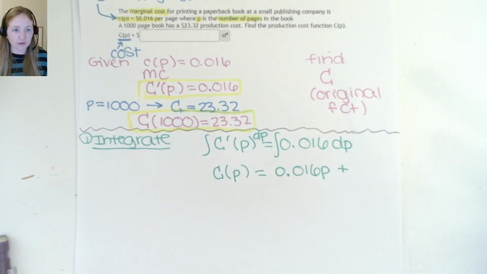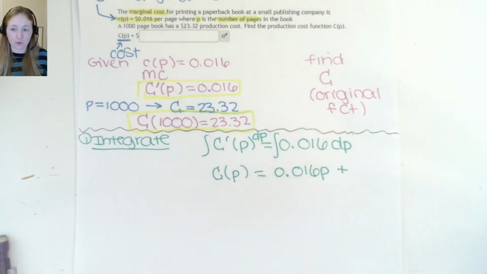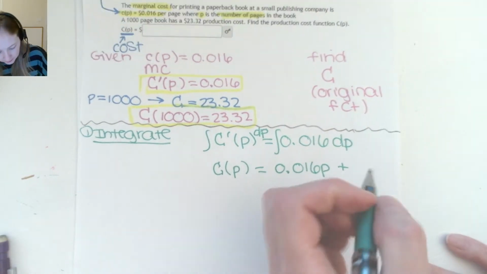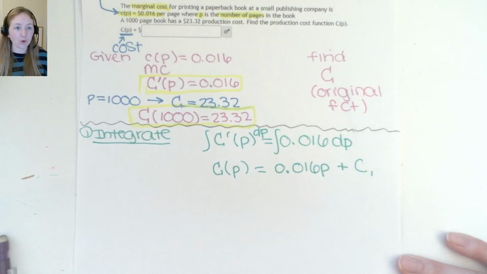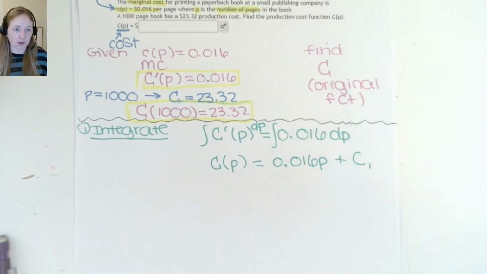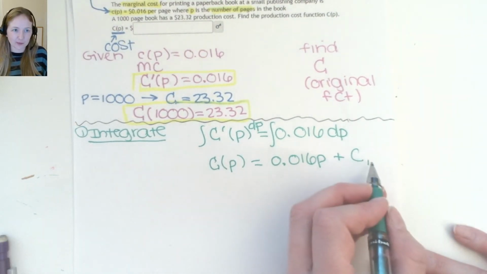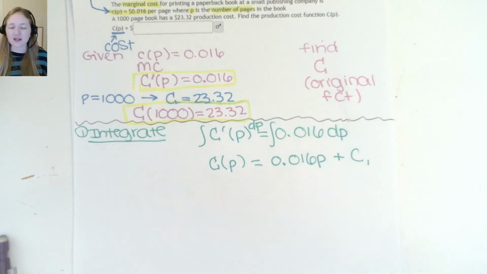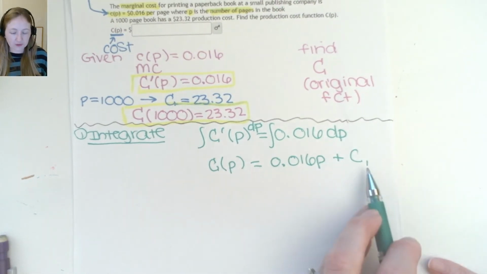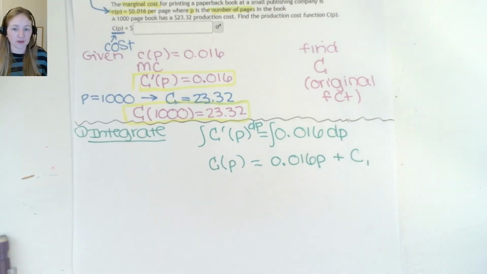Usually we represent that constant with a C, but over here we also have a C. So if there's too many C's in the problem, I just call it C sub 1 to represent the constant. You could still technically put the plus C here, but then it gets confusing: are we talking about the cost function, or the constant? So that's why I like to use a C sub 1 if it is confusing.